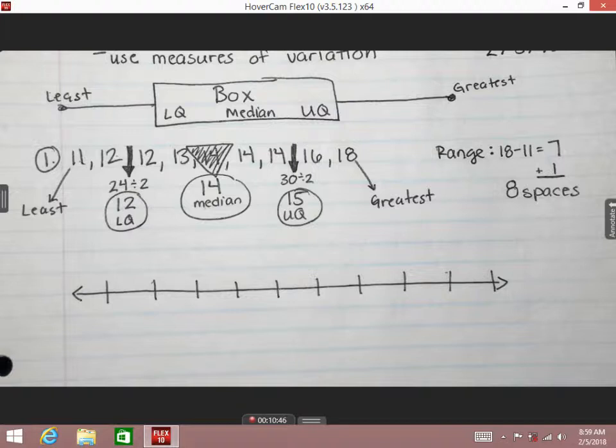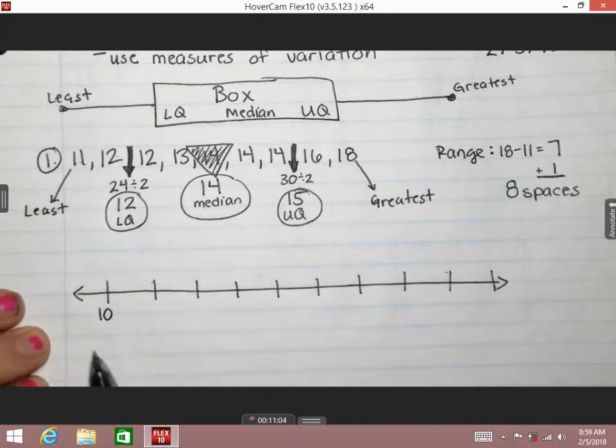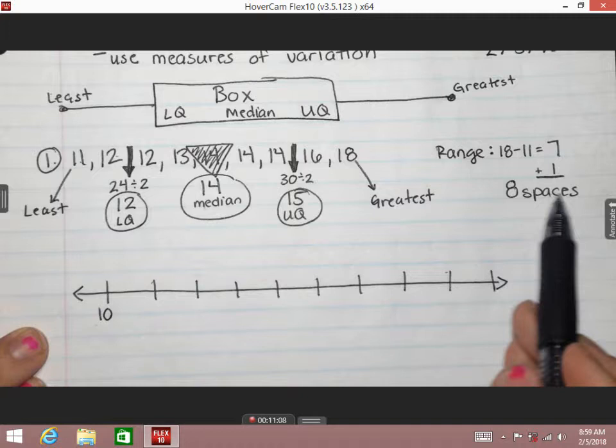Give everyone a second to draw that out. Make sure you skip some space because we're going to have to put our graph on there. All right. What number do we want to start our number line at? All right, we can start at 9. I'm going to start it at 10. If I only had 8, what would I have to start at? If I had only done 8 spaces, what would I have to start at?